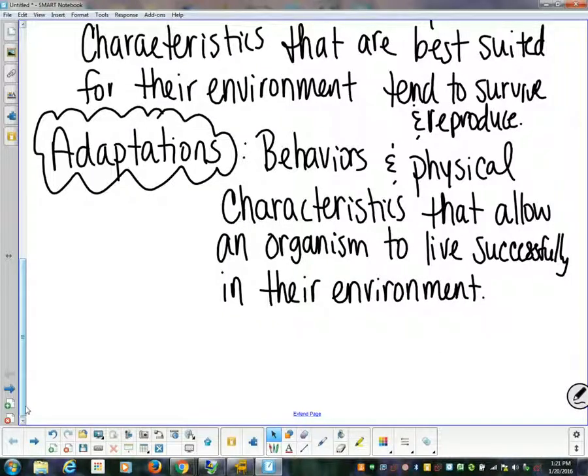And so it's any type of behavior or physical characteristic that allows the organism to live successfully in their environment. That's what an adaptation is.